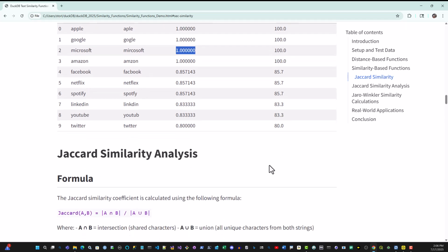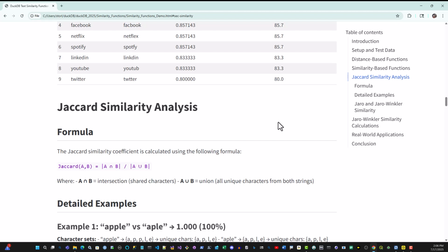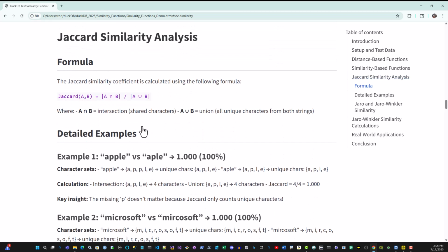I put together a little analysis here on the bottom. The formula says take the intersection of the words and divide it by the union of the words. Intersection is written like this, in other words, the shared characters in both words.